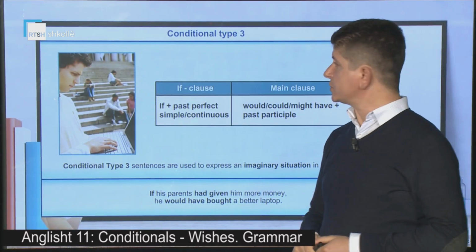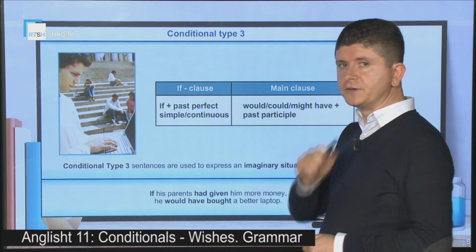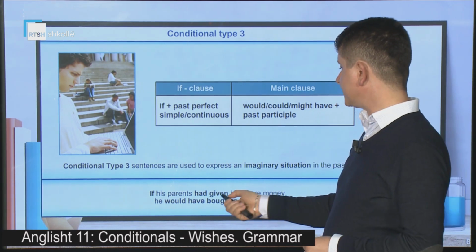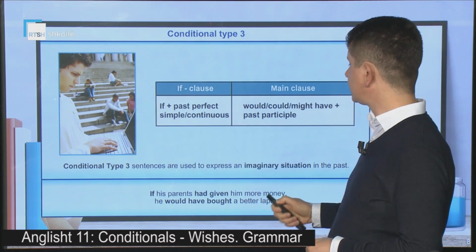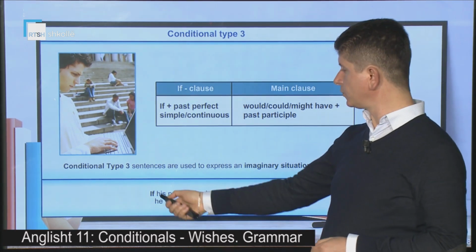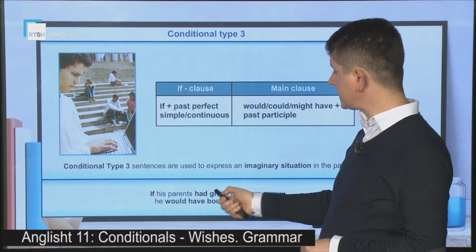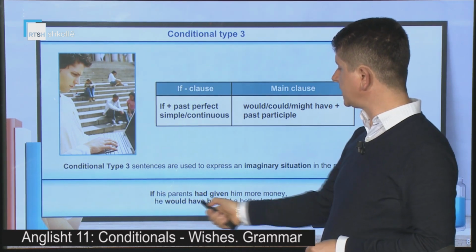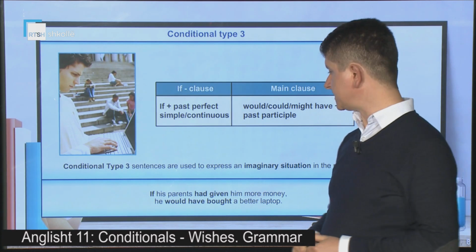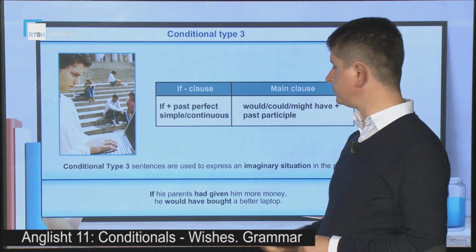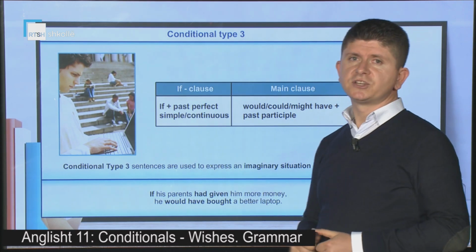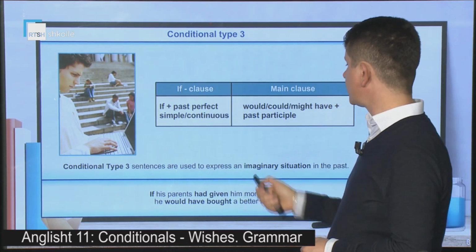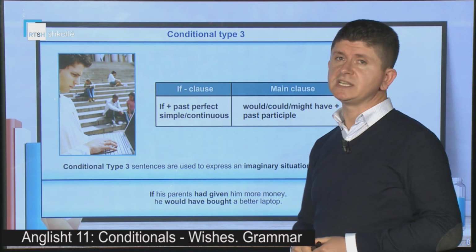The third conditional. Let's look first at the sentence here. If his parents had given him more money, he would have bought a better laptop. Again, pay attention to the words in bold. If plus past perfect, and would have plus past participle. Would might be replaced by could or might. What does the third conditional express? It expresses an imaginary situation in the past.